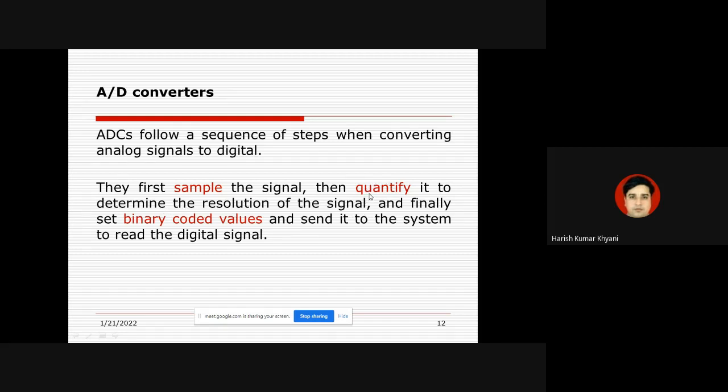Here a second process comes into the picture that is known as quantization, and finally the quantized signal is coded into binary values, and then this signal is sent to the system where it is read. So in A to D conversion there is a sequence of steps involved. The first step is sampling, the second step is quantization, and the third step is coding. Let us try to understand these processes one by one.